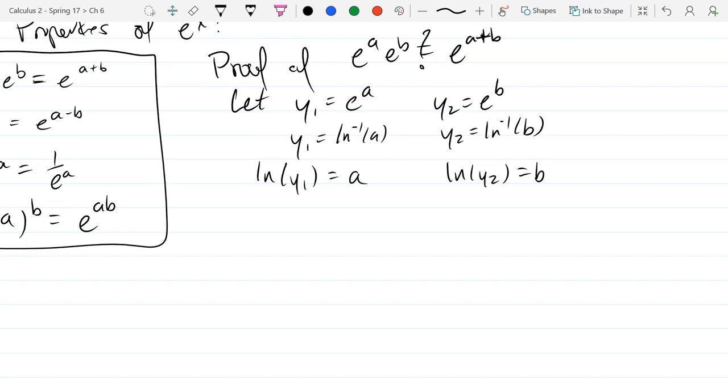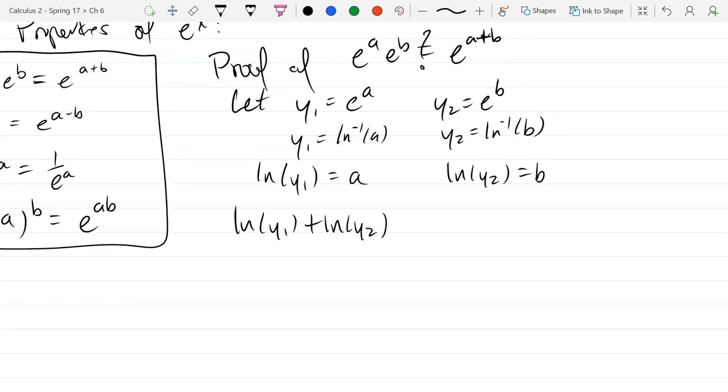We are going to add up both of these two. So all I did was use these two equations, and I'm technically using the skills of elimination, but I'm not eliminating anything. I'm just adding up the two equations. So what is ln of y1 plus ln of y2? Well, ln of y1 is a, ln of y2 is b.